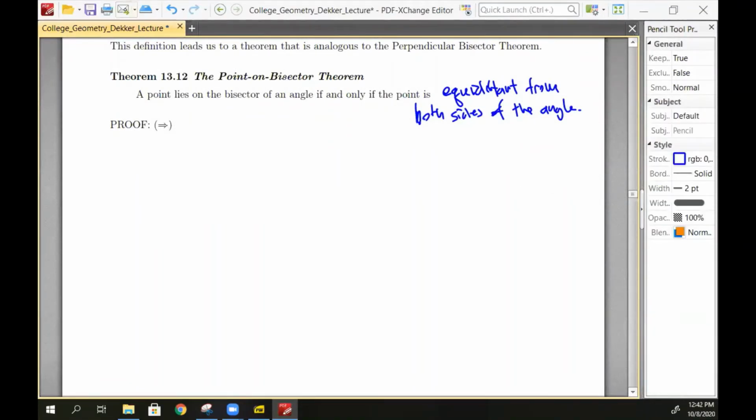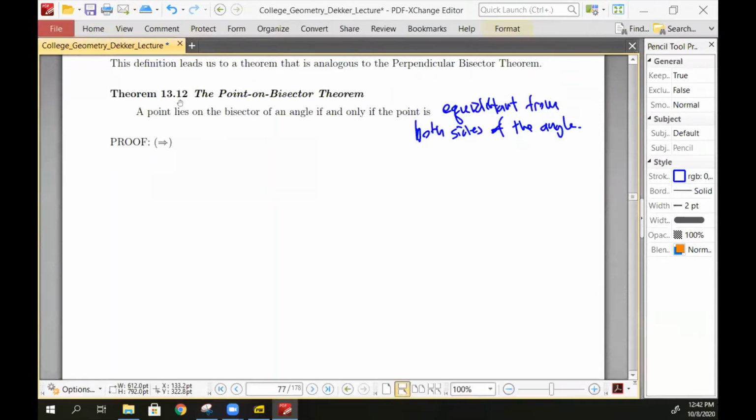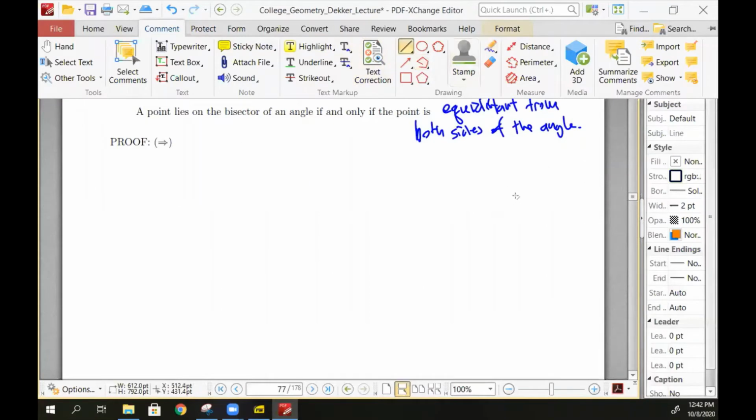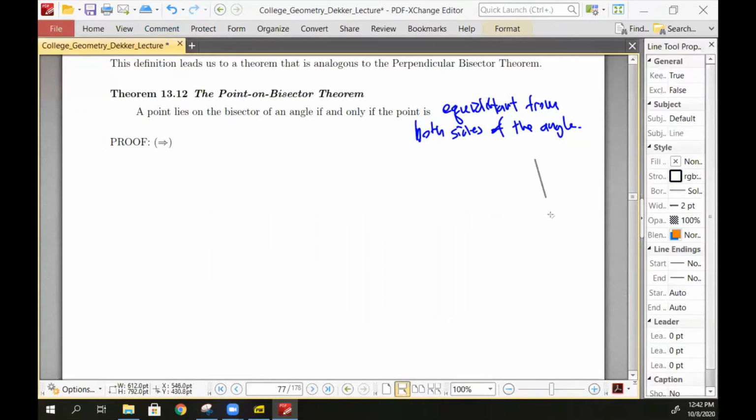So what we want to take a look at here is an angle. Let's say we have some angle, and we have some points on here. We're going to eventually want the bisector, so I'm just going to add that on here.